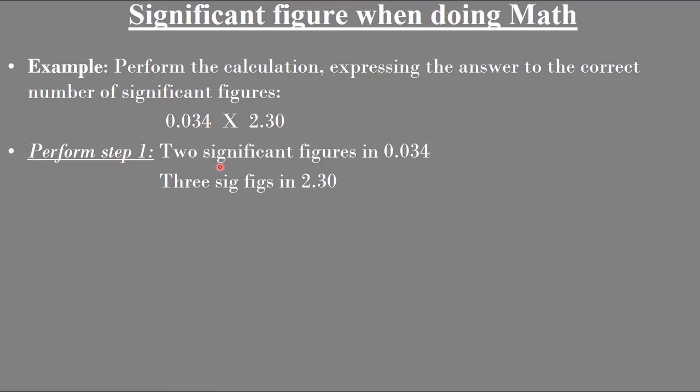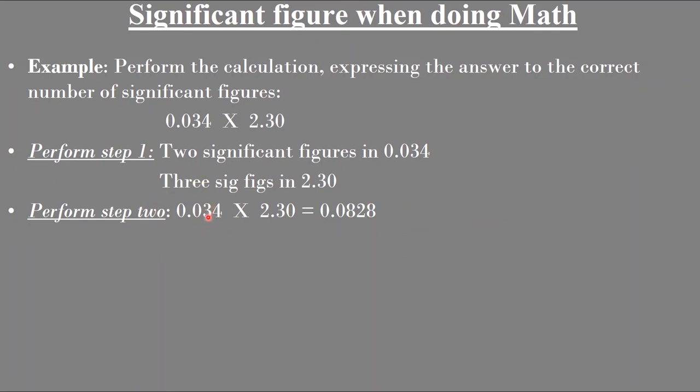So with the first step, I identified that we have two sig figs in this measurement and three sig figs in the second one. The next step is I will just punch in these numbers in the calculator and I have my answer, 0.0828. You can see that in this answer there are certainly more than two sig figs. More sig figs means we are saying that this answer is more precise than the device we got the reading from, right?